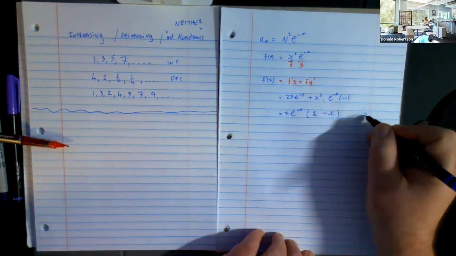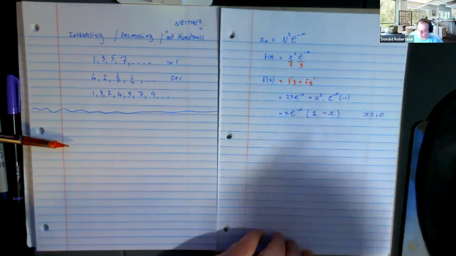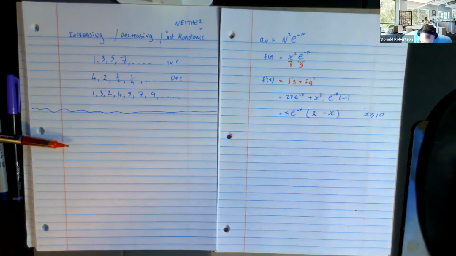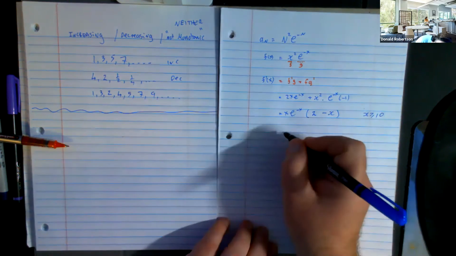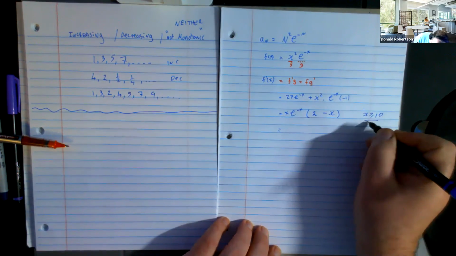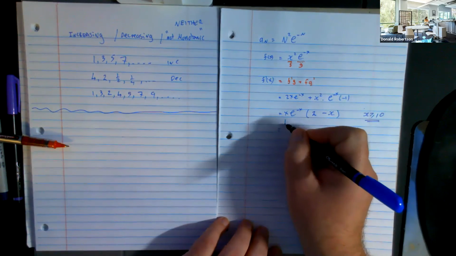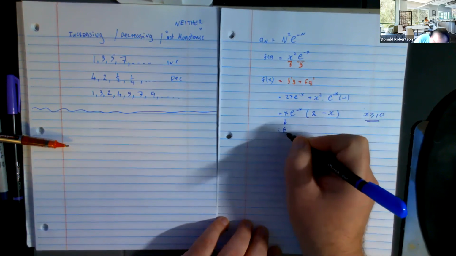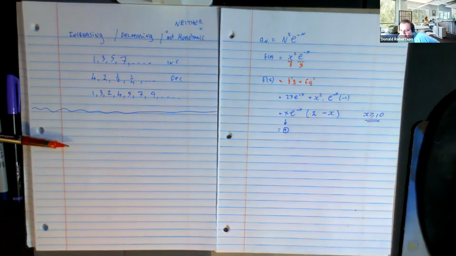And I want you to think of x, let's pick 10 just to be safe again, right? If x is any number bigger than or equal to 10, won't x be positive? What's e to the power of a number, like e to the negative 10, e to the negative 20, e to the negative 500? Is it positive or negative, all those examples? Positive.